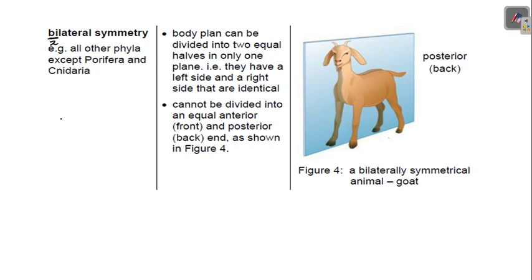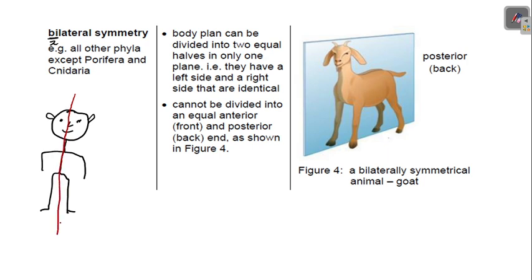So if I take Tabo here, he has one eye, a nose, and a mouth, an ear, and then there's his neck, an arm, and two legs. If I take Tabo here and cut him like this, I'm going to have two identical halves.